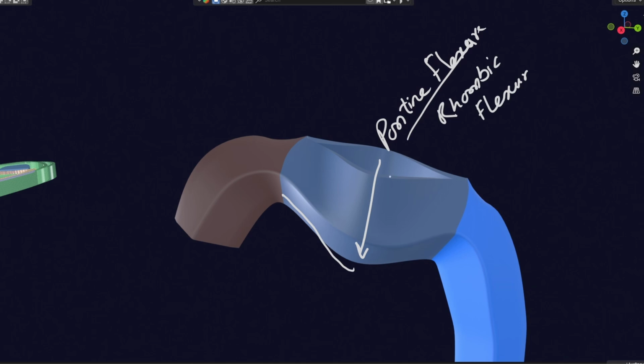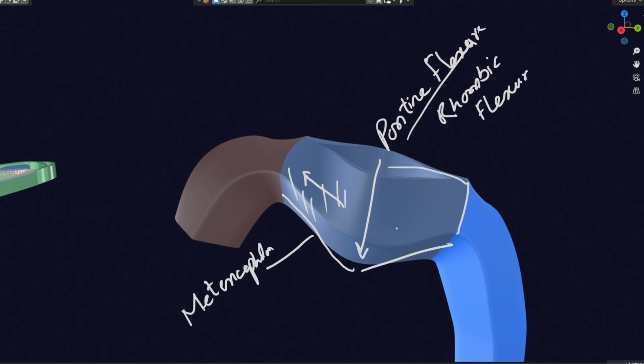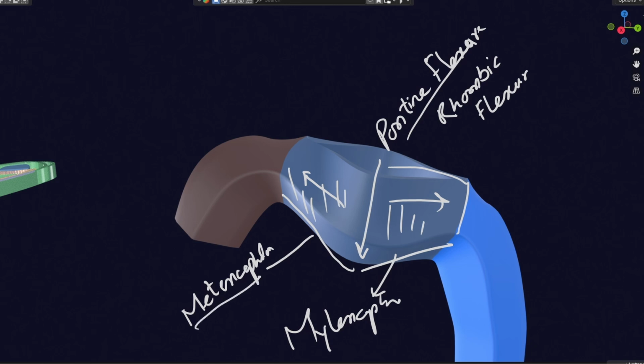So above this flexure, I mean cranial to this flexure, this part of rhombencephalon is metencephalon, and caudal to it, this part of rhombencephalon is myelencephalon. Myelencephalon will form medulla oblongata, and metencephalon will form the pons as well as cerebellum too.